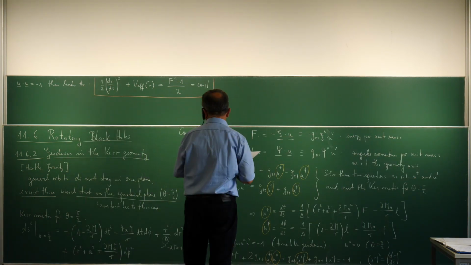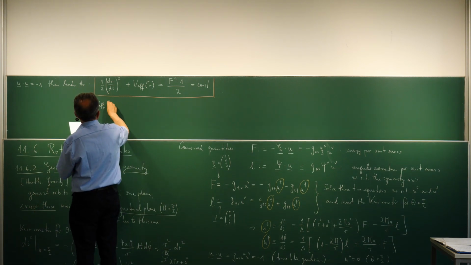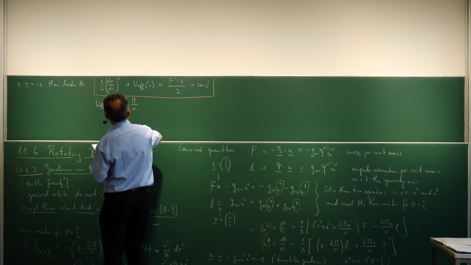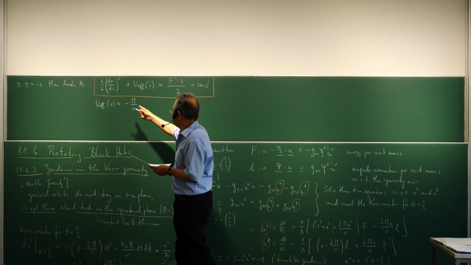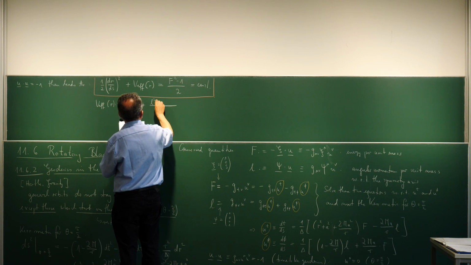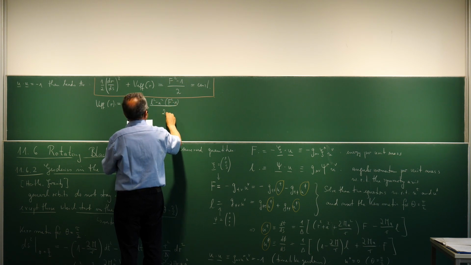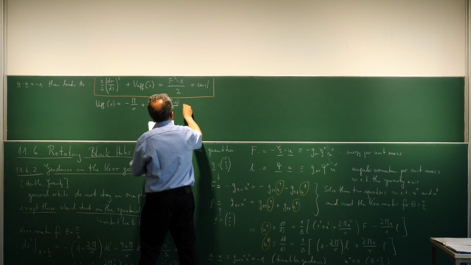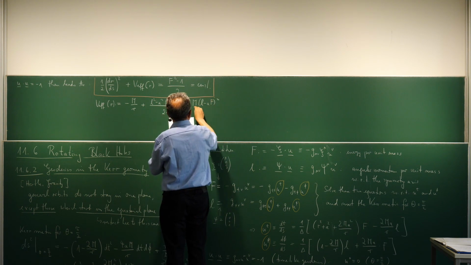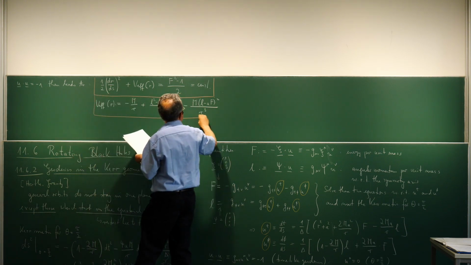Let me write down V effective explicitly, so it's defined as follows. We have minus m over r, which is the Newtonian term for gravitational constant equal 1, and then we have the terms (L squared minus a squared (F squared minus 1)) over 2r squared minus m (L minus aF) squared over r cubed.